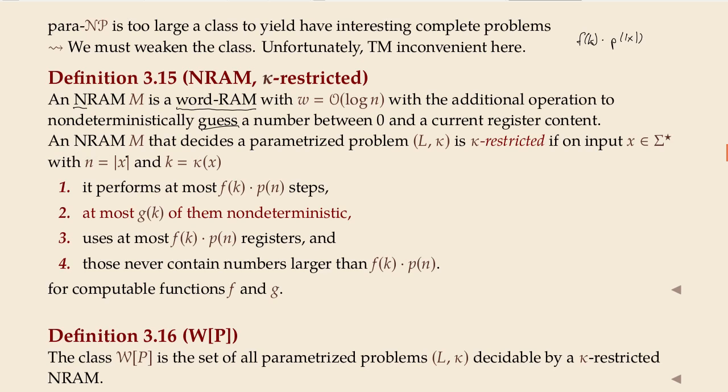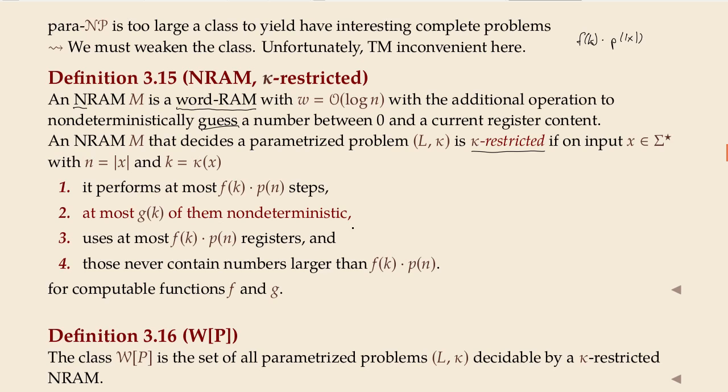Now, what is an NRAM that is kappa restricted? So we're talking about a parameterized problem, and we have a non-deterministic RAM that decides this problem. And now it is called kappa restricted if it has the following properties, namely it's an FPT algorithm. That's maybe the most natural part.